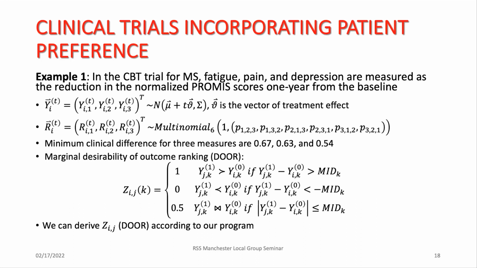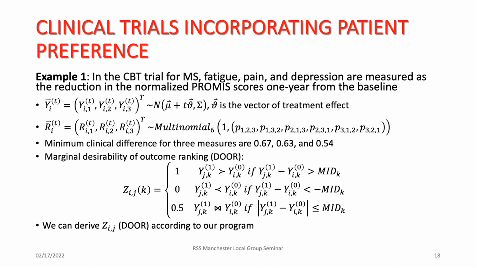Then there's a little bit of a trick in terms of the difference between two scores. There's a minimum clinically relevant difference. For the fatigue dimension it is 0.67, which is quite large in terms of standard deviation. The second one is 0.63, and the last one is 0.54.